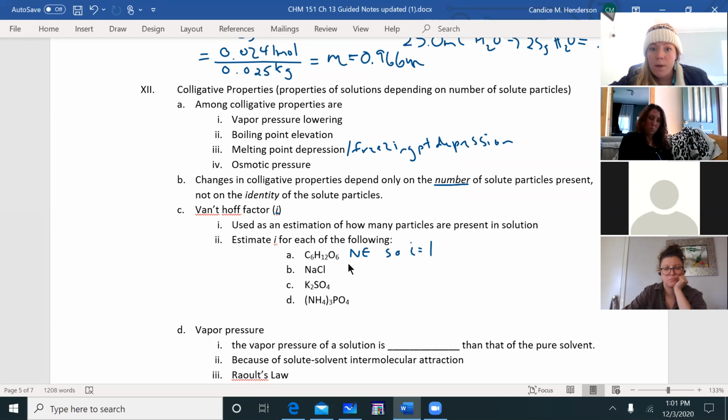Now that changes when we work with something like NaCl. NaCl is a strong electrolyte solution. So for every one of these formula units, how many particles do I get in solution? I get 2, right? I get a sodium and I get a chloride. So our i value here is 2, so it's going to be twice as effective at its colligative properties as that original thing.